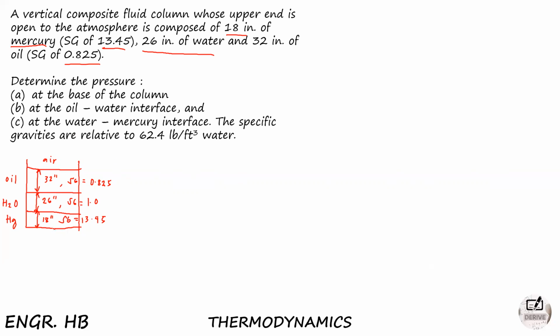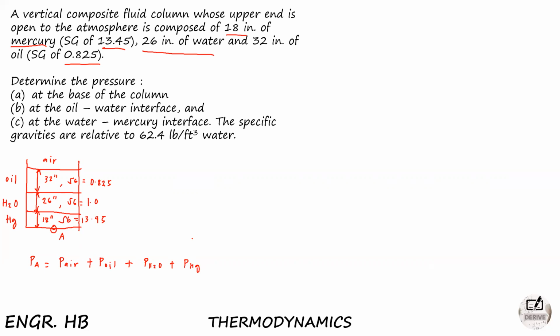The base is here; let's call it point A, just so it has a name. To find the pressure at A, whatever pressure is at the bottom is the summation of the pressures of the fluids inside, because they are what gives the pressure at the bottom. The forces of each fluid are distributed to the bottom. So, the pressure at A is the summation of the pressures of the fluids. Of course, we include the air. So that is the pressure of air plus the pressure of oil plus the pressure of water plus the pressure of mercury. How are we going to solve for the pressure at A?